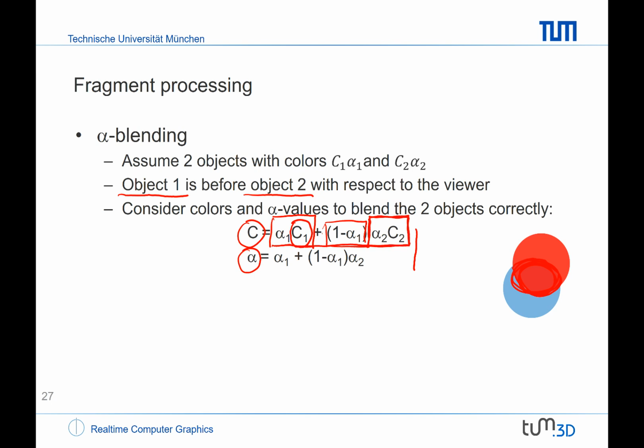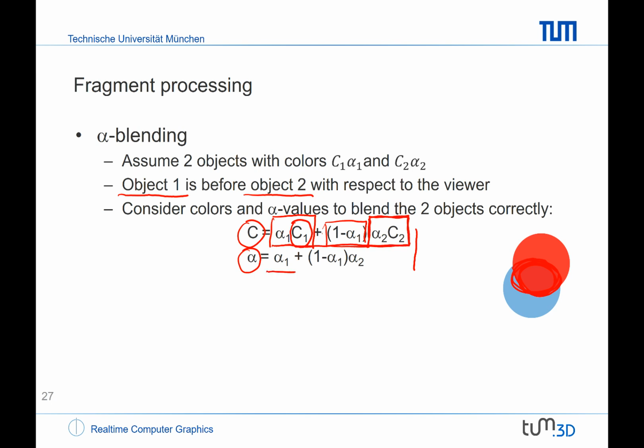If the foreground object is completely opaque, alpha 1 is 1, then I modulate the background with 1 minus 1 equals 0, because nothing will shine through. If alpha 1 is 0, then I don't see anything of the foreground object, plus 1 minus 0 is 1, so I perceive the effectively perceived color of the background. And in between, I have a blend between these different color contributions.